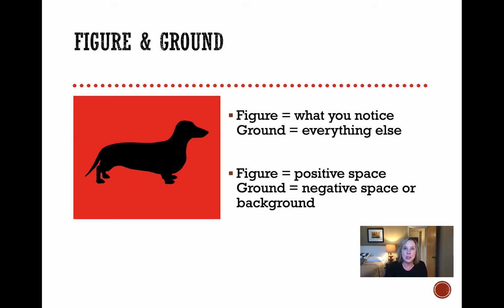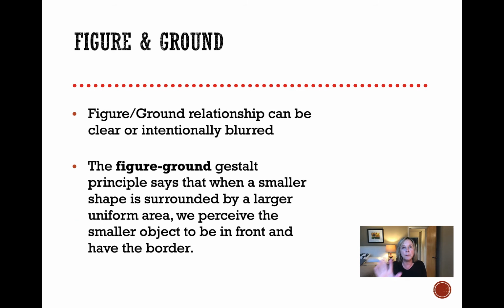The next image I'm going to show you, oh, no, it's not an image yet. Sorry about that. So figure-ground relationship can be intentionally blurred, and artists have used figure ground to play with viewers' perceptions.